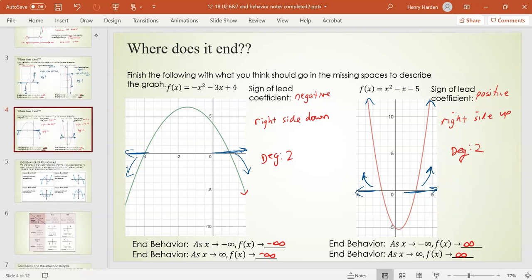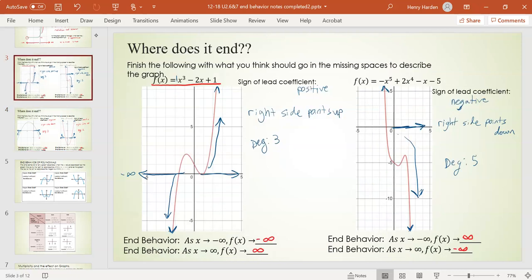Okay, but again, how can we tell what's going to happen just by looking at the graph or the function without having the graph in front of us? So comparing these two slides, we already talked about how the leading coefficient determines the right side of the graph. But what about the left side of the graph? Well, that depends on the degree of the function.